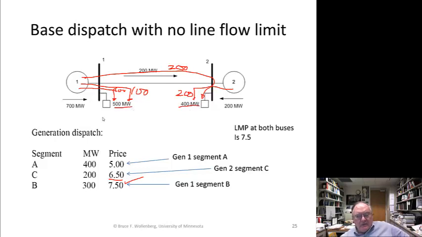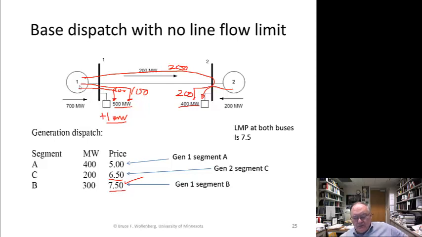Now suppose I come back to this bus, and this is the concept here, and I want to add 1 megawatt to this load. 1 megawatt. If I do, I'll buy it at 750 because there's still energy left.